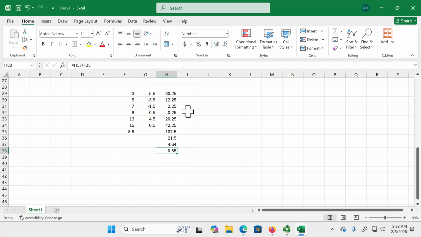Now, here's the average, and here's the bounce. So which can I trust more? An average of 100 with this bounce, or an average of 8.5 with that bounce? So that's what this is telling us. What is the relative size of the difference in the sample? And that's what the standard deviation does for us.